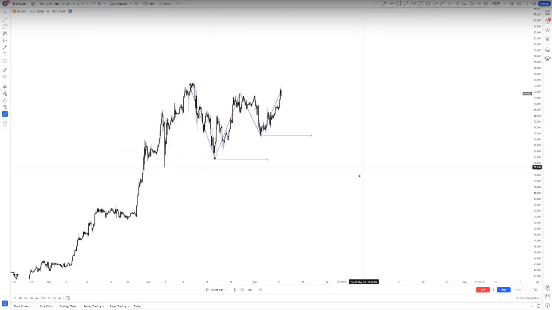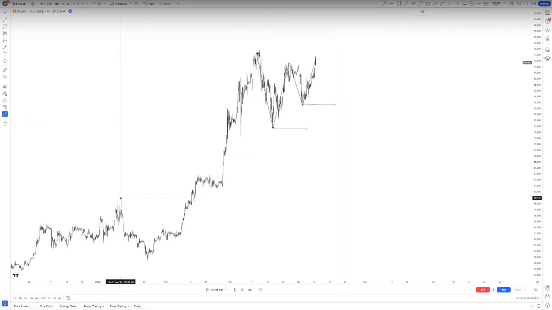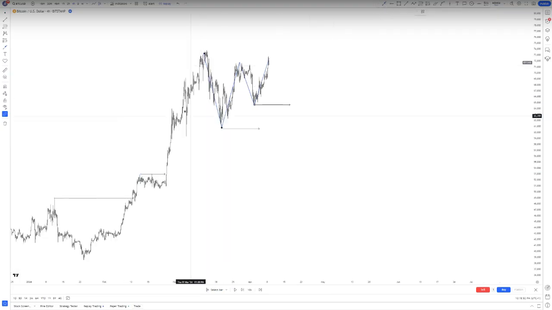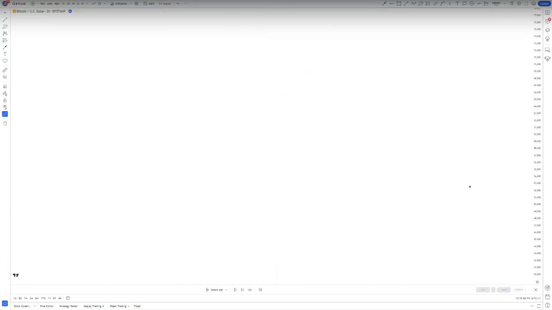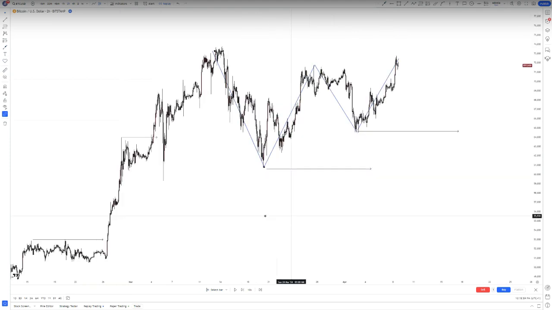So now you can see that Bitcoin has been buying, right? From this structure, Bitcoin broke the structural point, it broke this structural point. So you can see that Bitcoin has been buying. We are breaking structure to the upside, right?